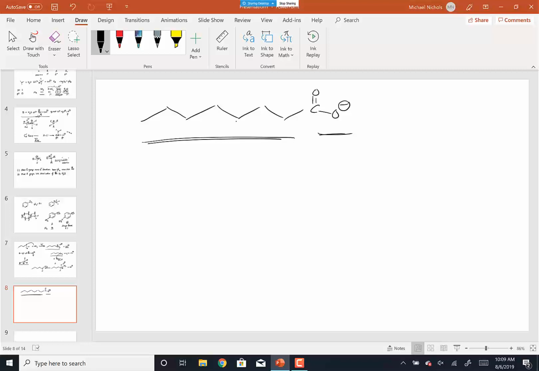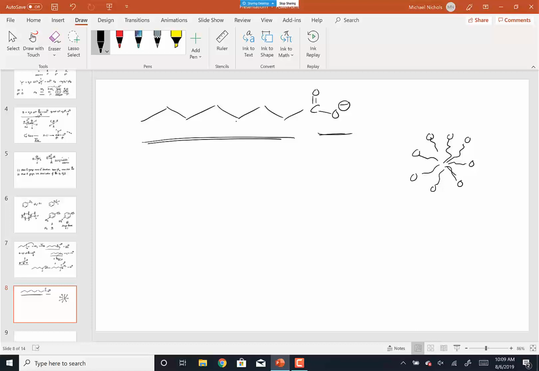What happens to these things when you put them in water? They kind of do this. All the nonpolar tails get together, and all of the polar groups, which I've indicated as circles here, are water soluble, and so they form those.